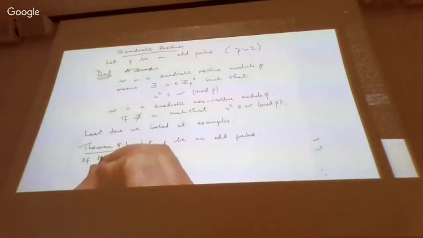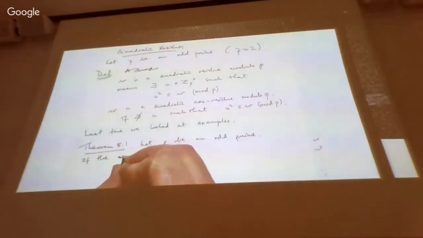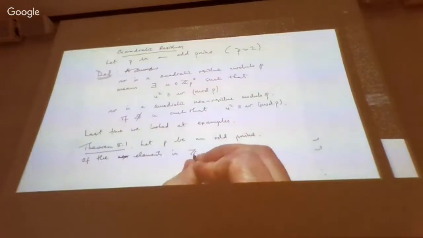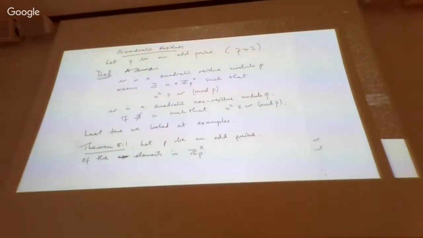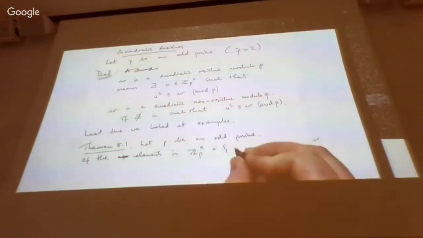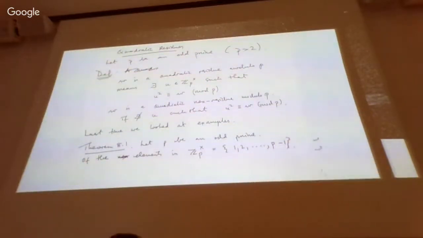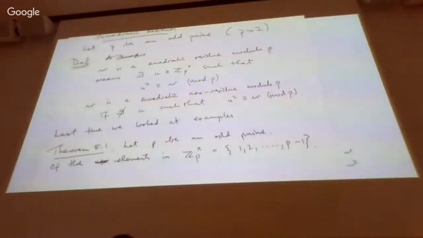So of the non-zero elements in the multiplicative system modulo P, which we can think of as being represented by the congruence classes of these integers, remember, everything less than P is going to be co-prime to P, because P is a prime number. So all the non-zero elements less than P are in this system.